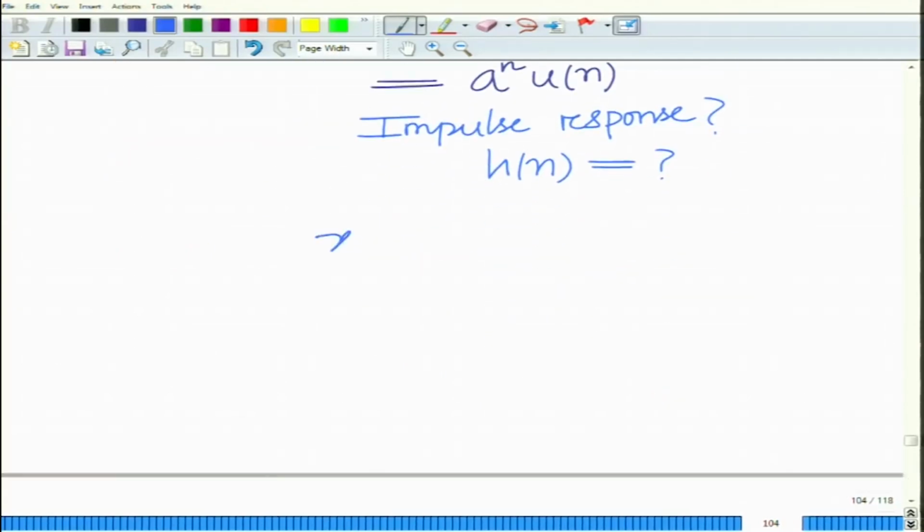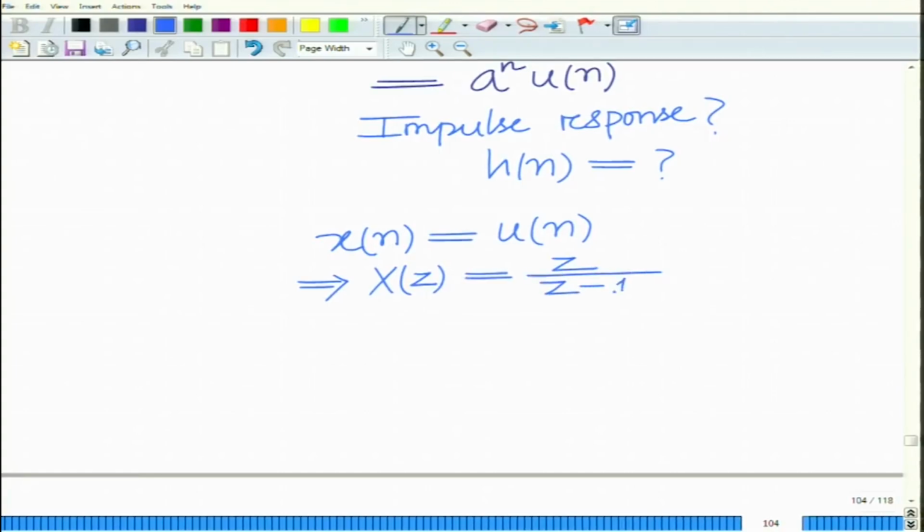Now, remember what we know is that the input is x(n), and we are given the unit step response. That is, if the input is x(n), which implies X(z) equals z over (z minus 1), correct. Magnitude of z is greater than 1, that is the ROC. This is the input, remember.